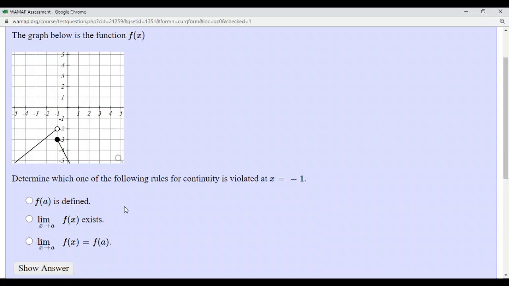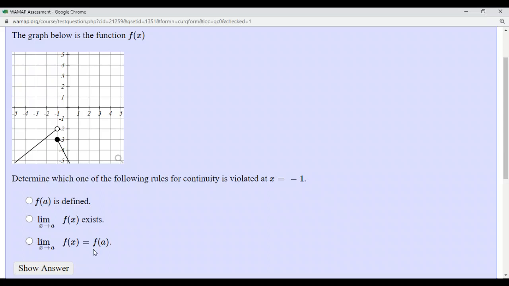Remind yourself what I said earlier: if either one of the first 2 rules, rule 1 or rule number 2, fails, then automatically rule number 3 will fail as well. So even though both of these rules are failing, we need to pick the one that has higher priority. And higher priority means it's the first reasoning that leads to failing continuity.